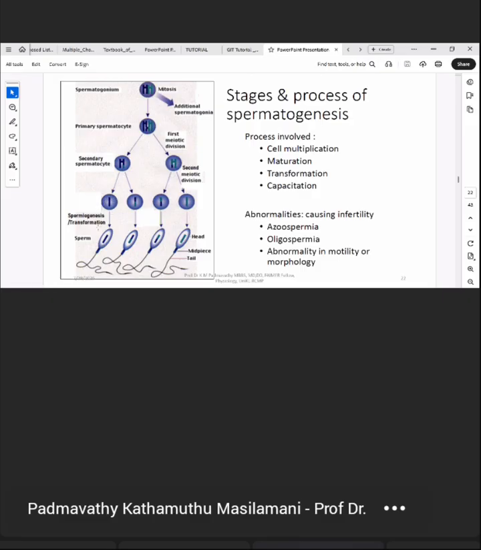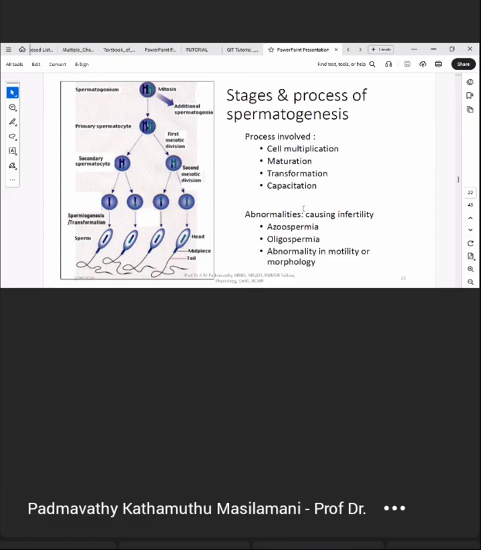The process is called spermiogenesis. This is spermatogonium, primary spermatocyte, secondary spermatocyte. In between is the first meiotic division. After the secondary to spermatid is the second meiotic division. Finally the mature sperm.